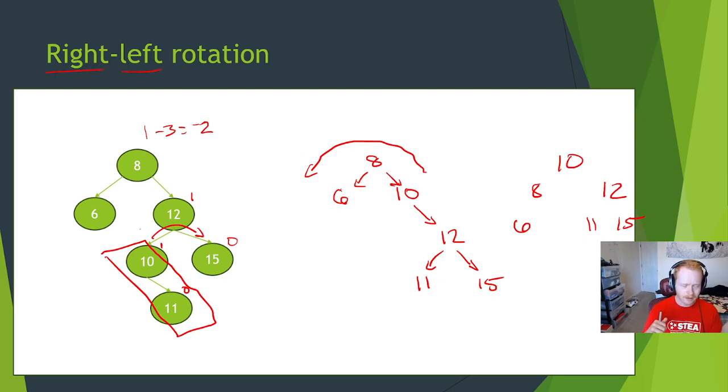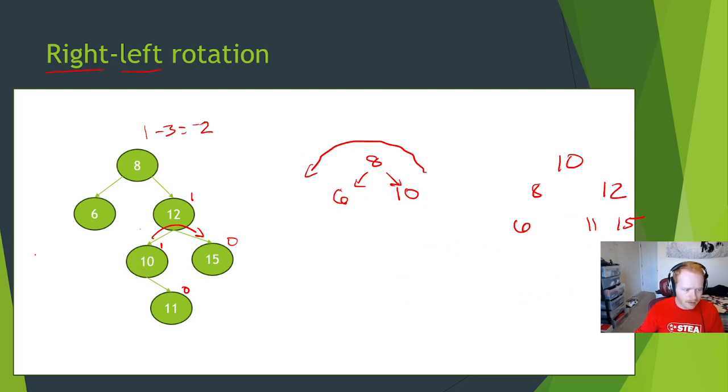If you want to sit and think about it, if they weren't there, it would make the rotation simpler. So, well, I guess we would still be doing a right-left. So let's say 11 was on this side instead. We would rotate 10 up. 11 would stay on this side.